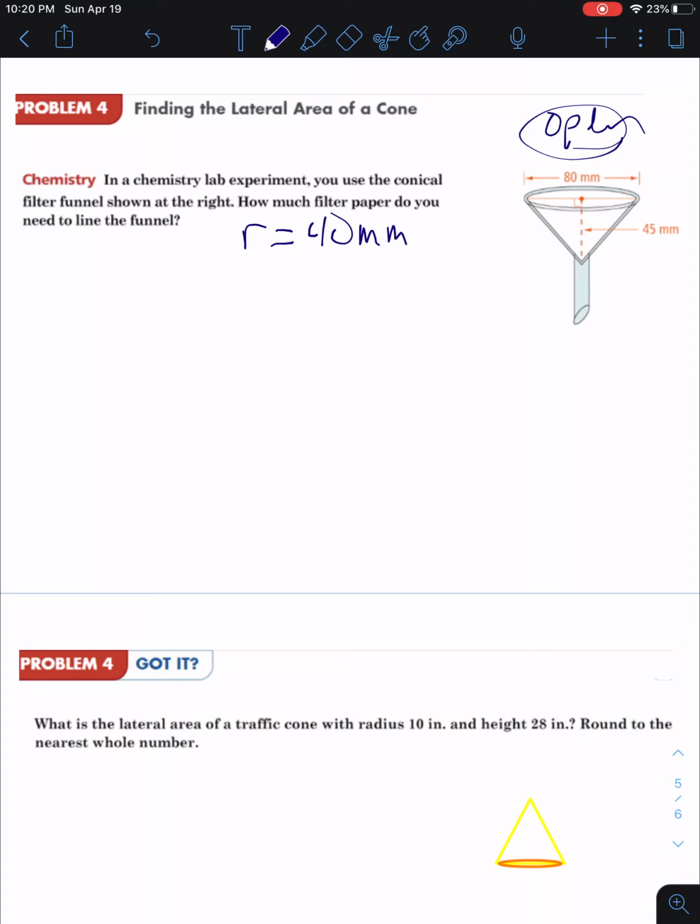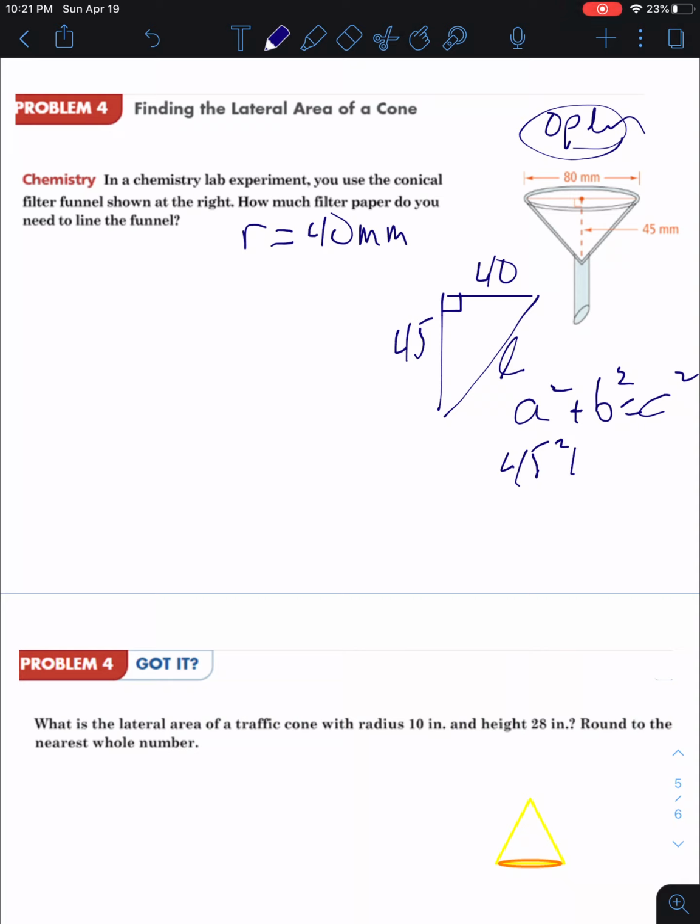Well, we've got this height of the cone, and it is a right cone, so we're going to have a right angle, and the height is 45. What we want to know is this over here, the L. We said this was 40, so we would have a squared plus b squared equals c squared, the Pythagorean theorem. 45 squared plus 40 squared equals, let's use L squared for this one to get that lateral height.